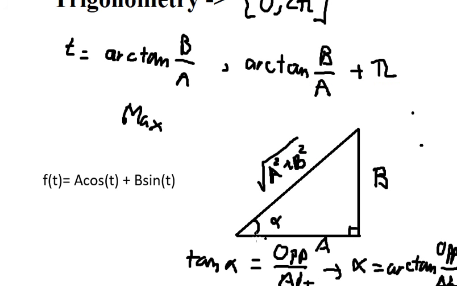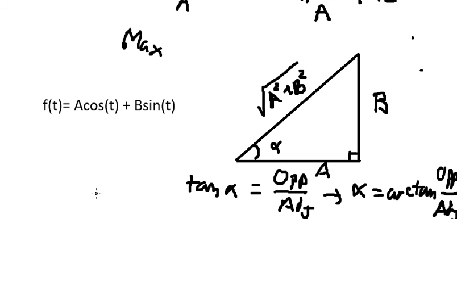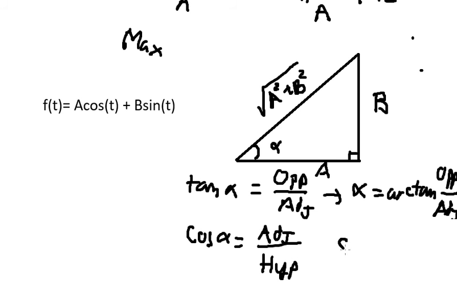But we use cosine. Cosine is adjacent over hypotenuse. So this is for cosine, and sine is opposite over hypotenuse.